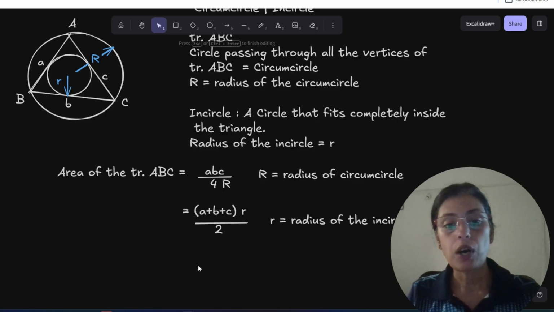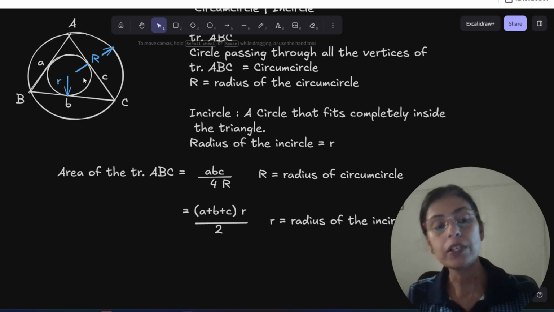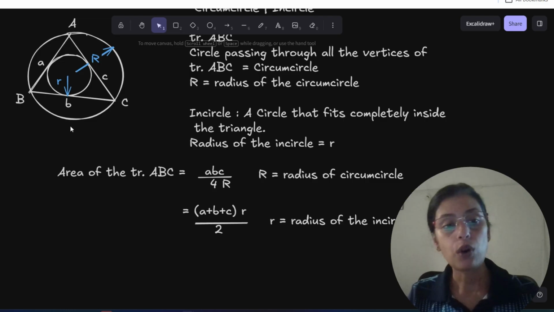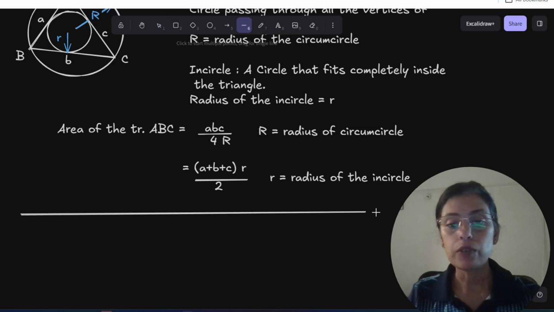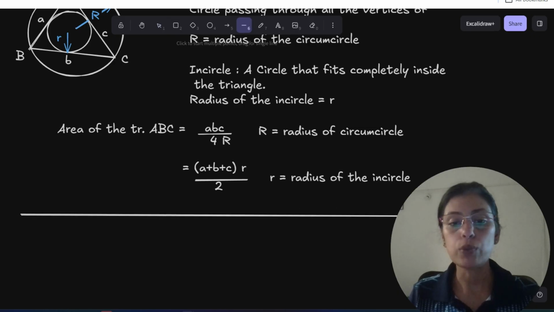So these two are the formulas for the area of the triangle in terms of the radius of circumcircle or radius of incircle. Okay, so with this we have covered everything about the area of a triangle.